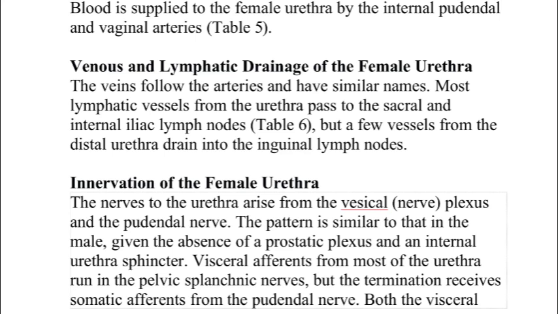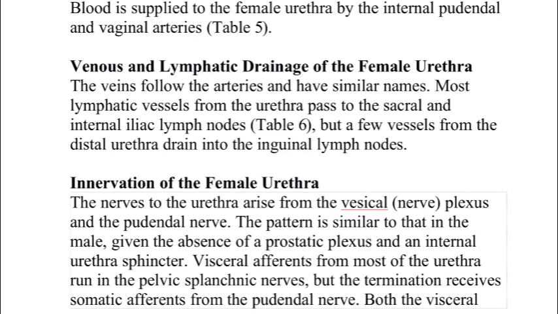Innervation of the female urethra is such that the nerves to the urethra arise from the vesical nerve plexus and the pudendal nerve. The pattern you see here is similar to what you have in the male, just that you don't have the prostatic plexus here. There is no prostatic plexus, and of course there is no internal urethral sphincter.